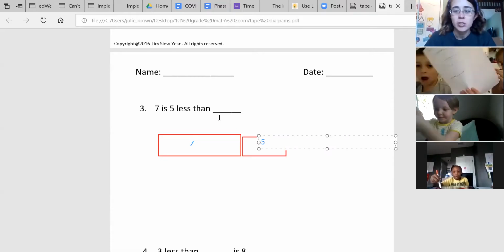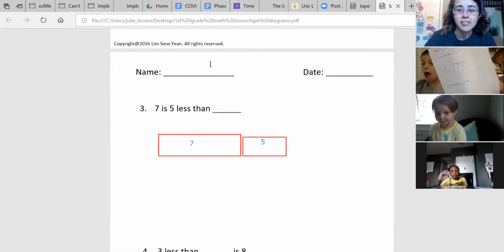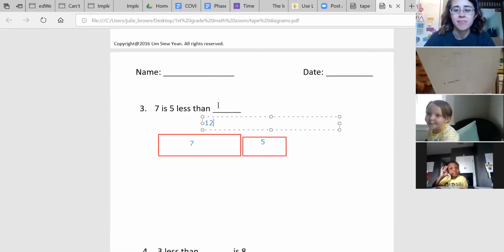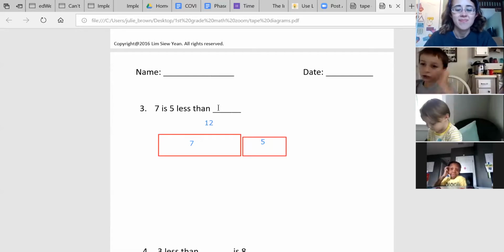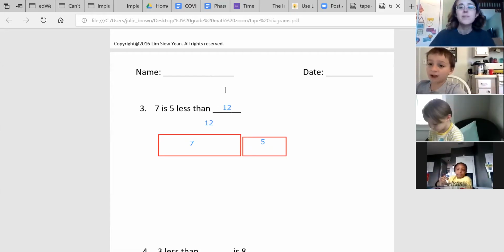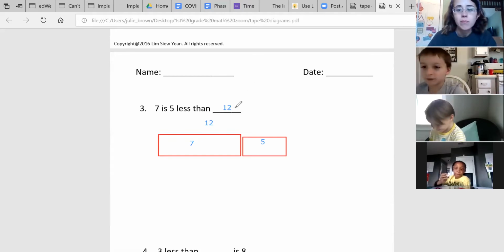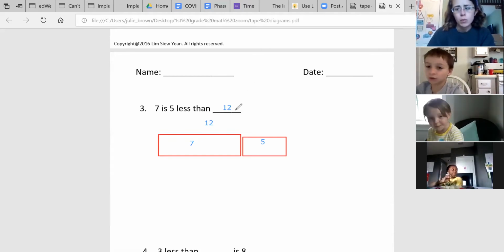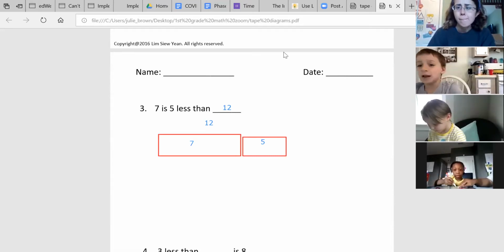So Andrew, how do you think Alex got 12? Or how did you find it? I just knew that 5 plus 2 equals 7, but then I subtracted the 2, which will get the 5s, and add both the 5s to get to 10, and then I added the 2.